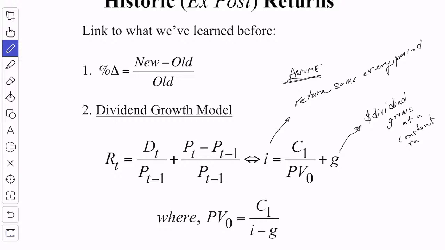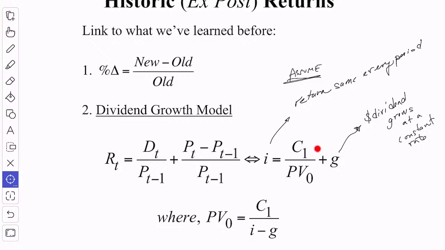And we assume that it does so indefinitely. The percentage change every period would be the same because it would just be g, the dividend growth, at a constant rate.